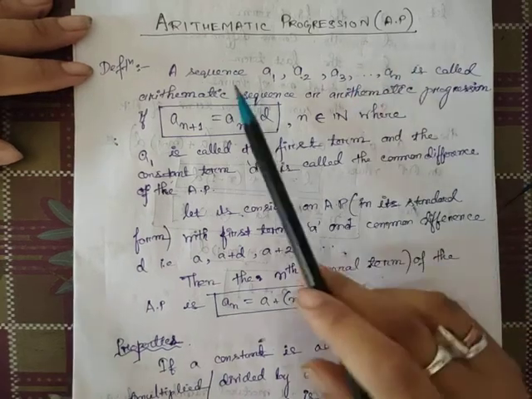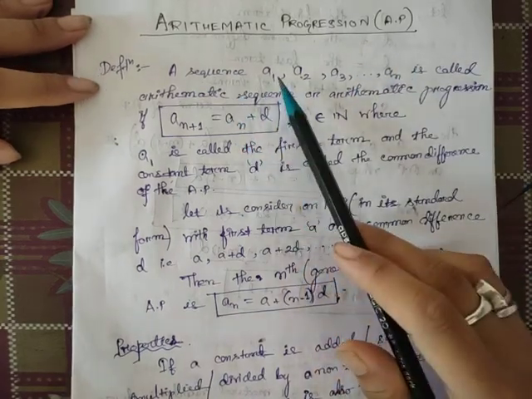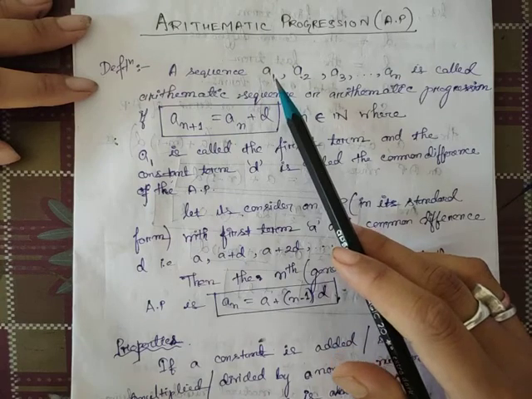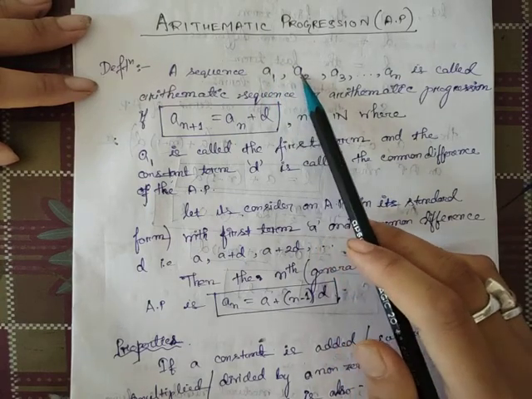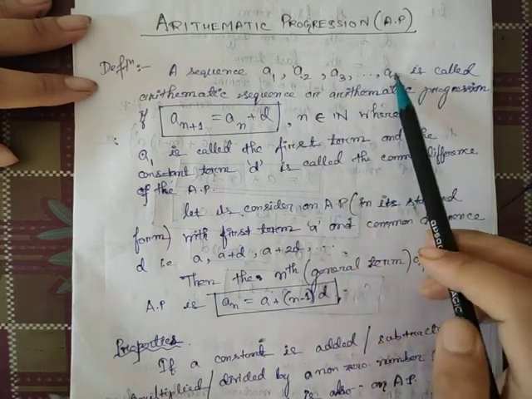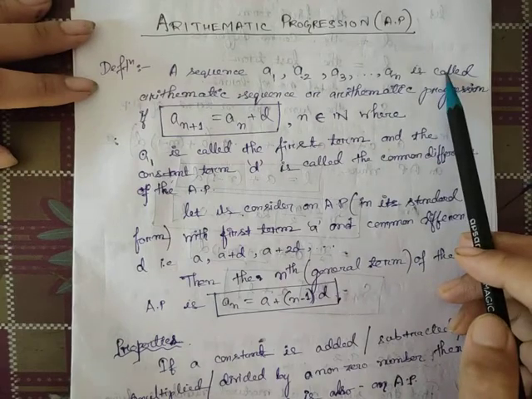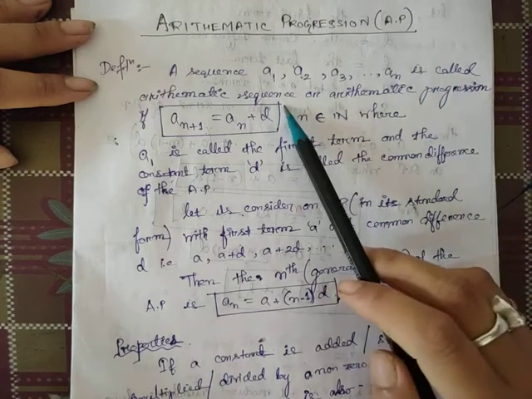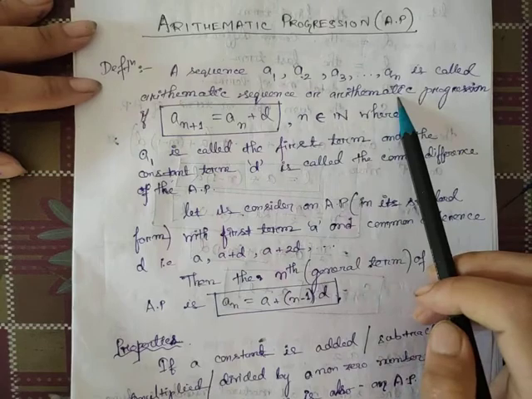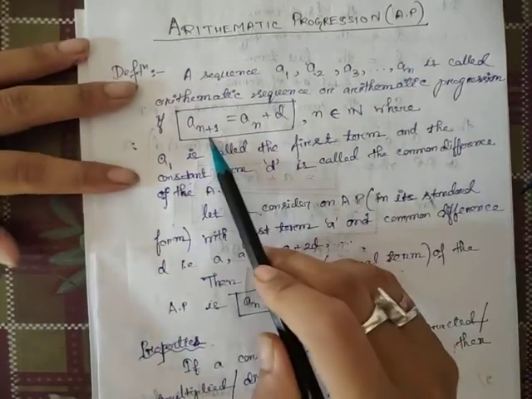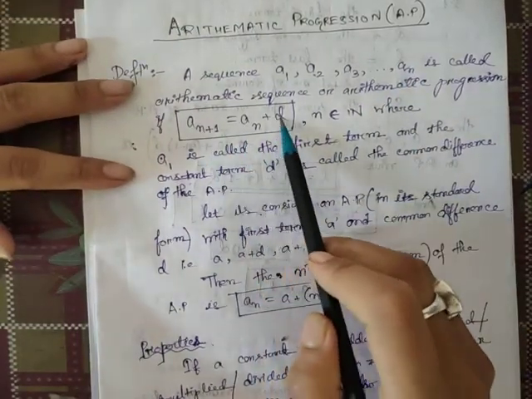So first coming to definition. If we have a sequence of numbers, say a1, a2, a3 up to an, then this sequence is called an arithmetic sequence or arithmetic progression if an plus 1 equals an plus d.